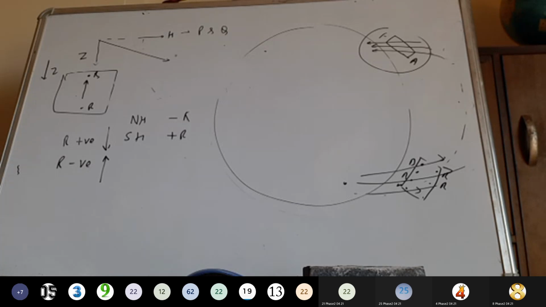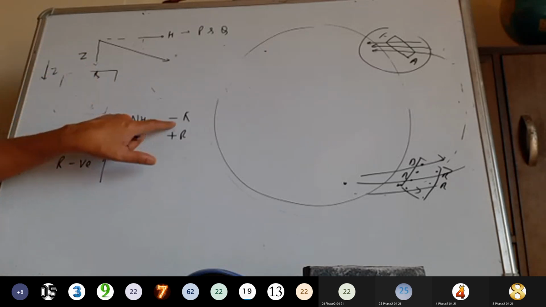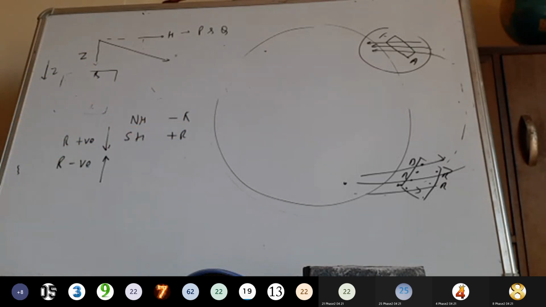So the vertical component of the Earth's magnetic field, which is Z, will induce the magnetism in the vertical plane of the vessel, causing R. So what is the inducing force for creating force R? It is basically Z. Okay. So northern hemisphere minus R, southern hemisphere plus R.